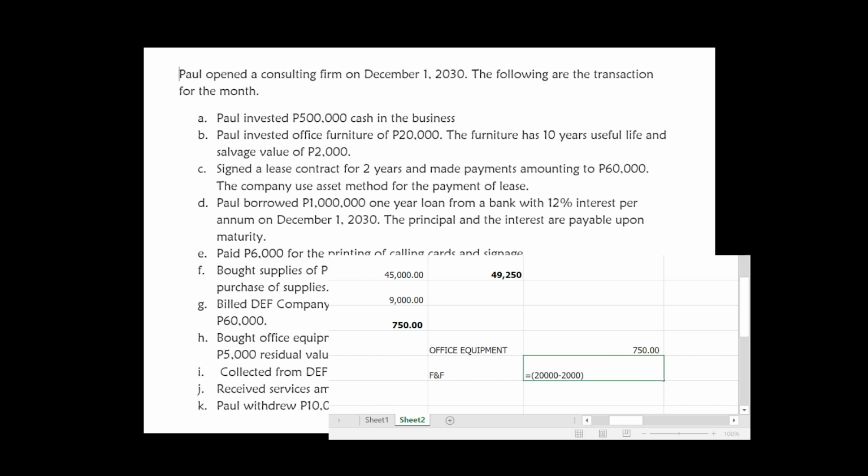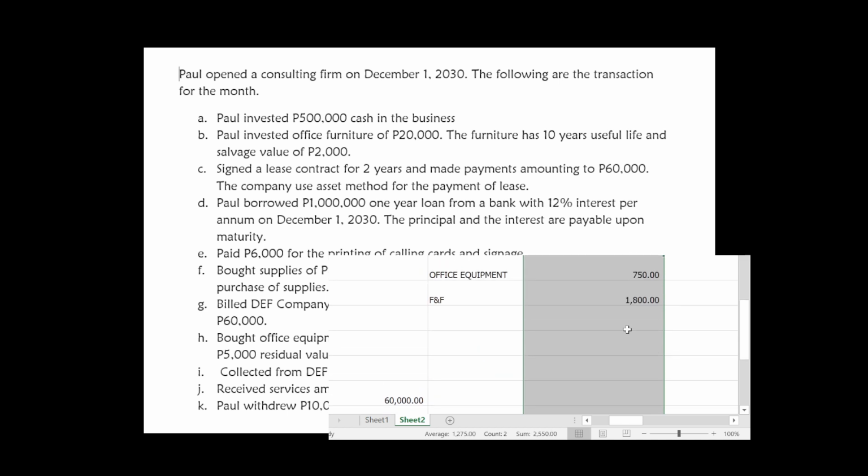So, para makuha yung depreciation, useful life niya is 10 years. Okay? Divided by 10 natin yan. So, eto yung ating annually. Pero, since 1 month lang yung na-expense natin, divide ulit natin yan by 12.